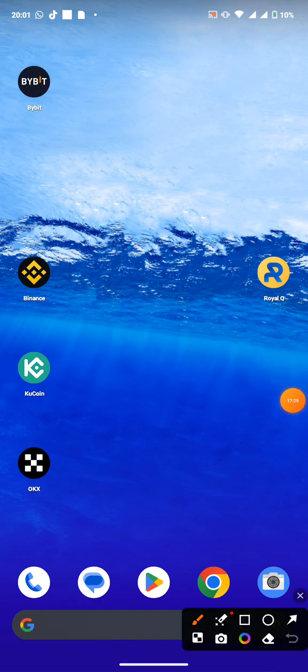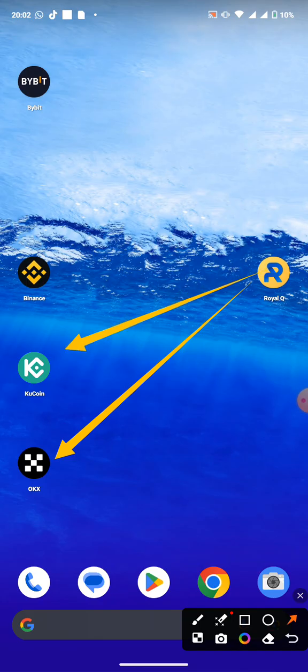So the way I've been explaining, you're connecting this robot to OKX, you're connecting this robot to KuCoin, to Binance, and to Bybit.